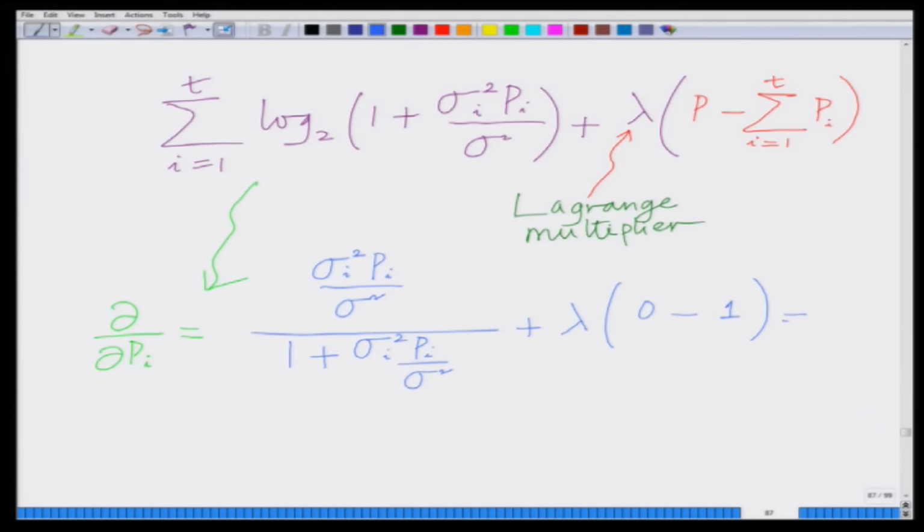So, this is equal to 0. This implies that sigma i square over sigma square divided by 1 plus sigma i square Pi divided by sigma square, sorry, there is no Pi in the numerator, because we are differentiating with respect to Pi.